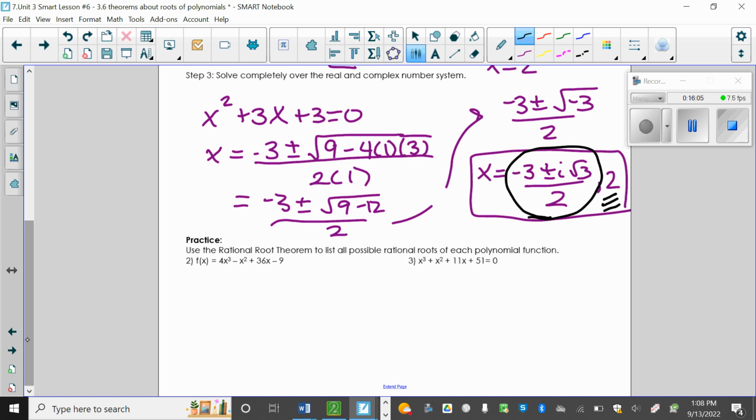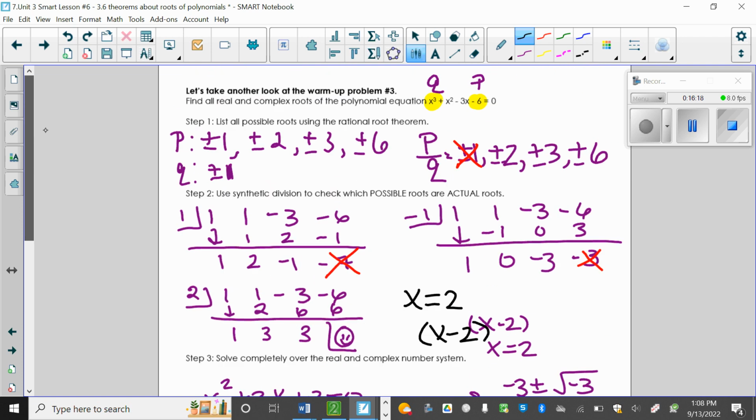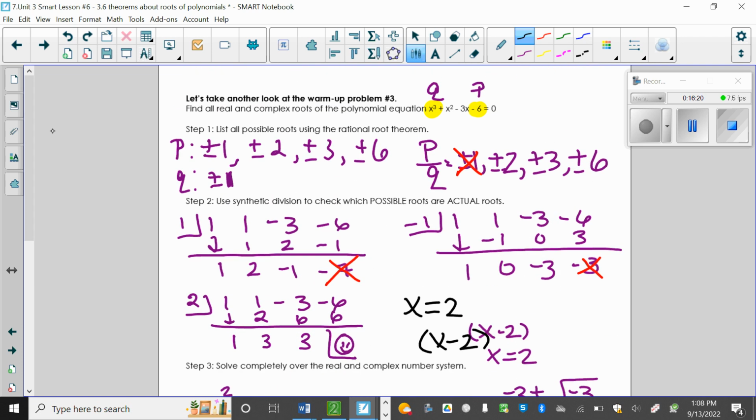All right, so let's use the rational root theorem to list all possible rational roots of each polynomial function. So for examples 2 and 3, we're not solving. We're just doing what we did here in step 1. We're listing all possible roots using the rational root theorem.